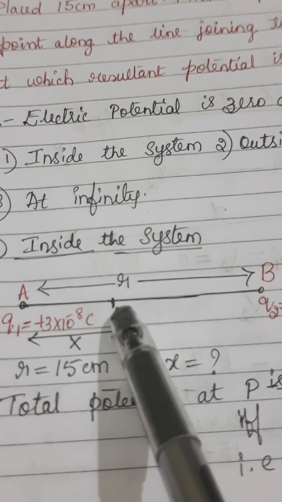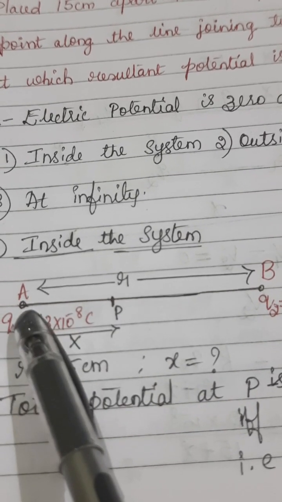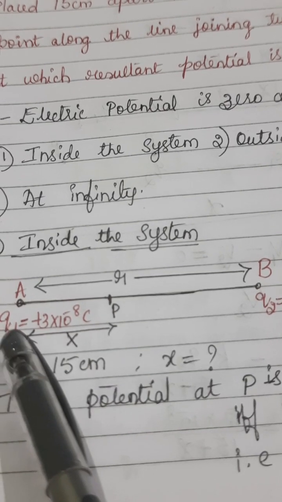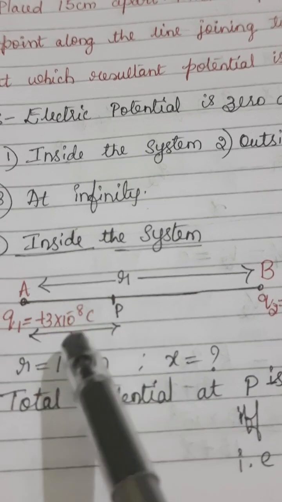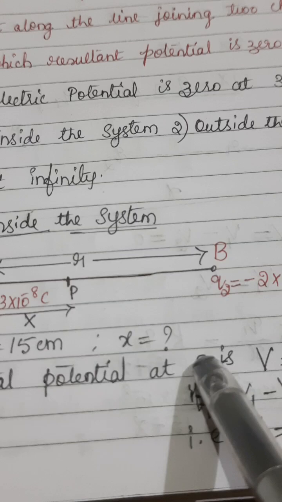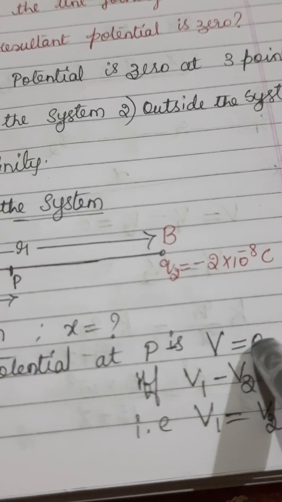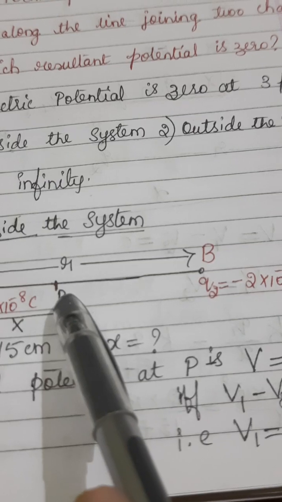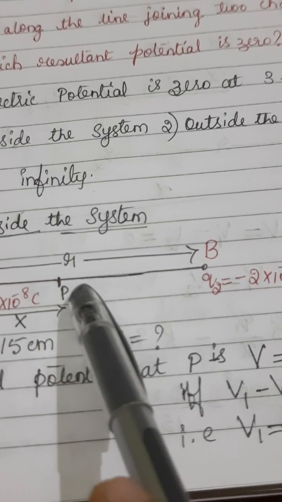You can write this P closer to A or closer to B. So let it be at a distance x from A. Now, total potential at P is V, which is 0, because here it is given null point, means at this point total potential should be 0.